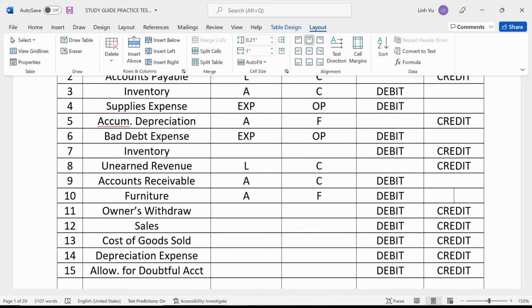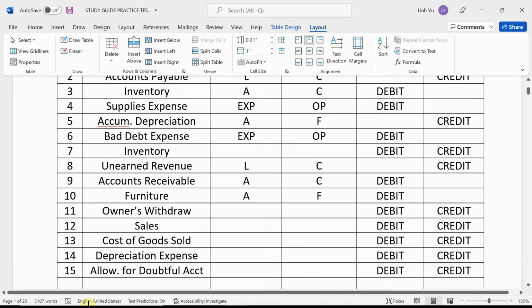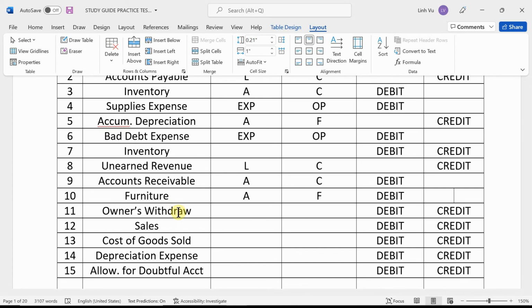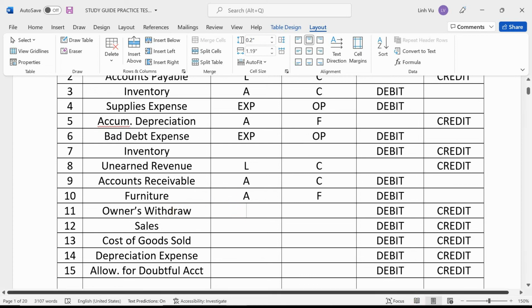You wouldn't spend your withdrawals either. Income. You don't earn your withdrawals either. Oh my god. Equity. It would be equity because this is taking money away from the company, right? If you invested money into your company and then you decided to take it away, that's an owner's withdrawal. Okay. So equity. No category. Excellent.